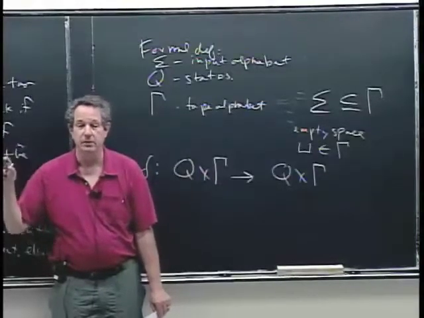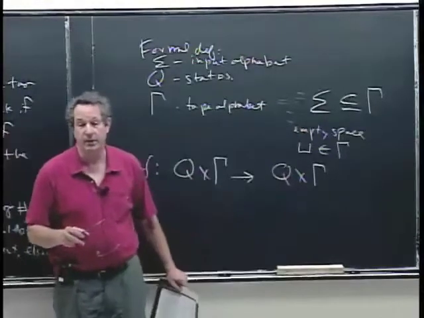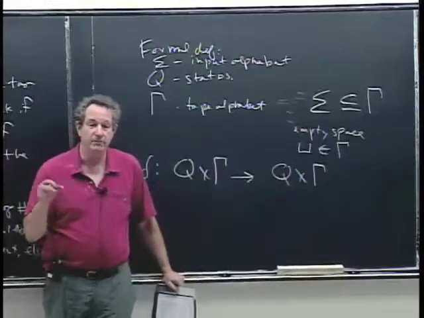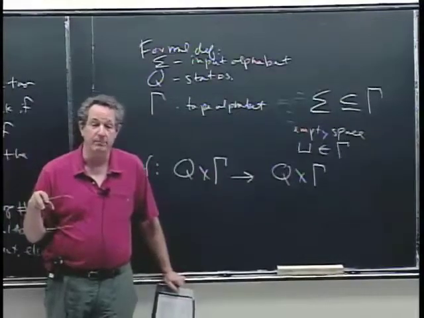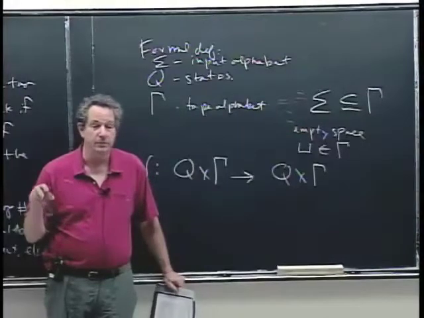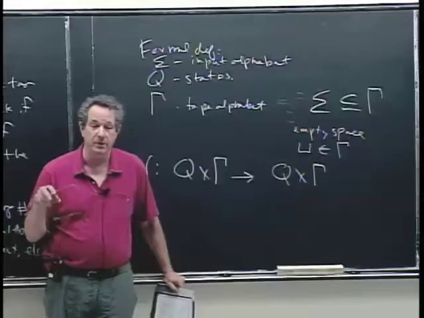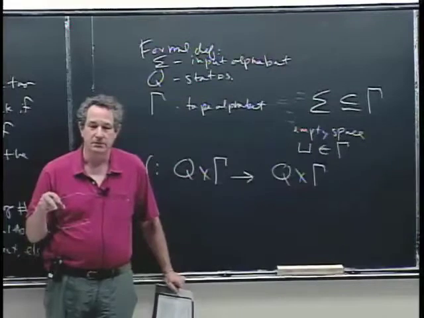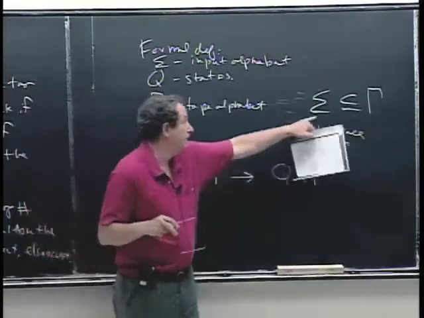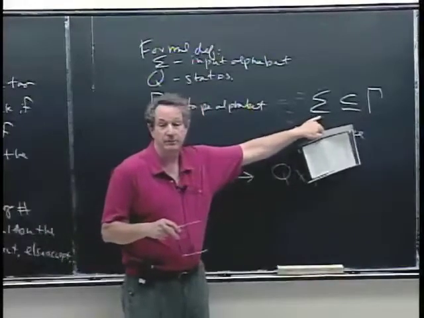So if we just had this as the input alphabet, then we wouldn't have the ability to reread a cell on the tape and be reading something that was written there in the tape alphabet, but not in the input alphabet. Does that make sense? Well, the input alphabet is contained there, because the tape alphabet always contains the input alphabet. Right.